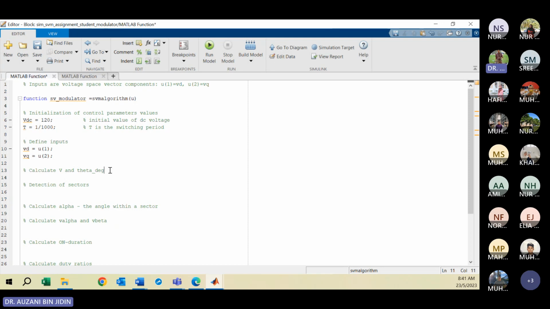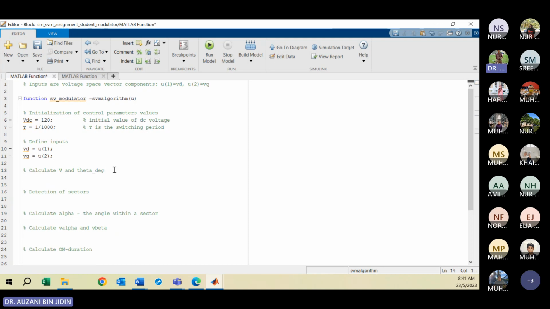Okay, then next step, you calculate the magnitude and the angle. How to calculate the magnitude and the angle? To calculate the magnitude, V is equal to what? How to write? Square root, VD power of 2.